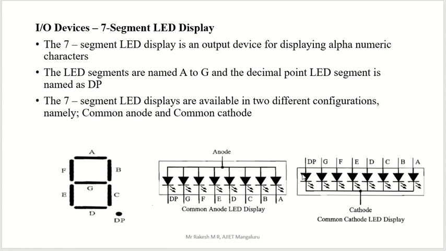Common cathode means all the cathodes are connected together and given to the supply. On the other side, we connect the remaining terminals, which are free, and practically we connect them to limiting resistors.